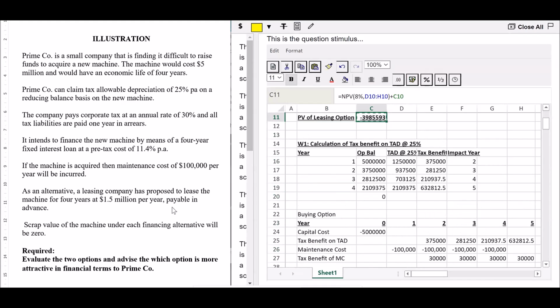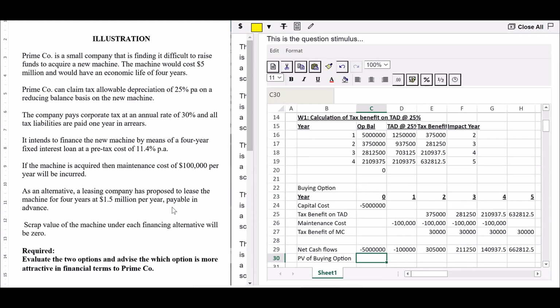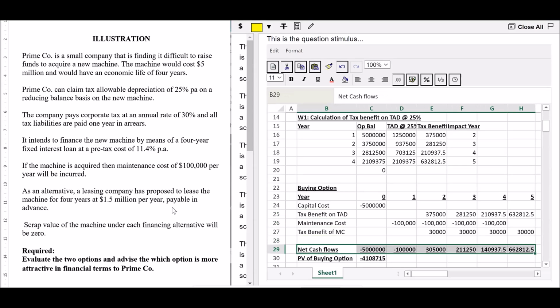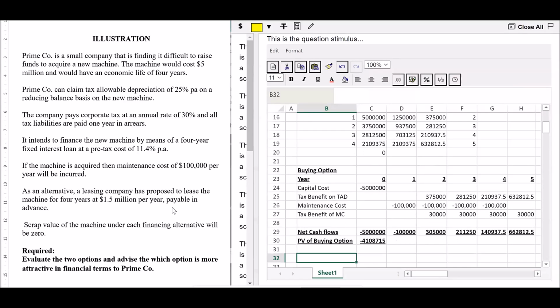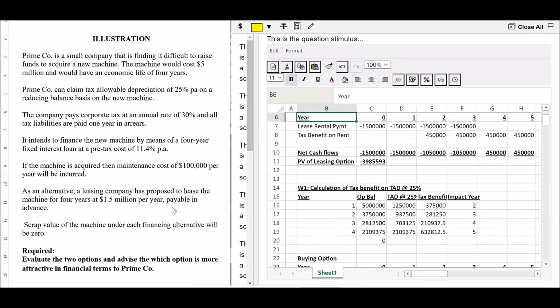Saving time by copying the formula. Now, present value of the buying option is 4,108,715. What about the present value of the leasing option?